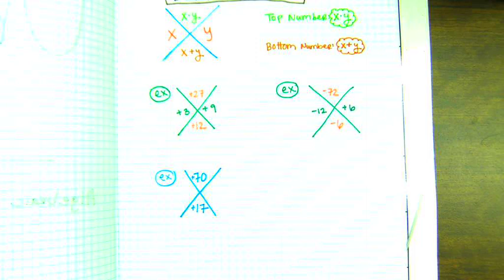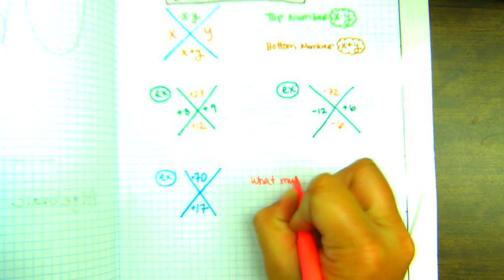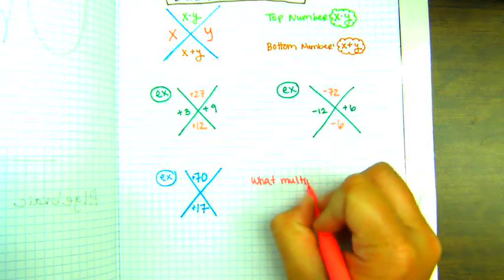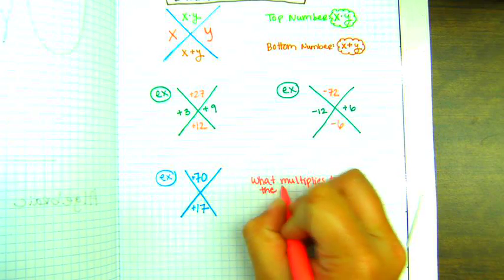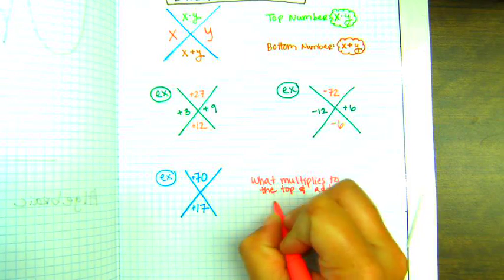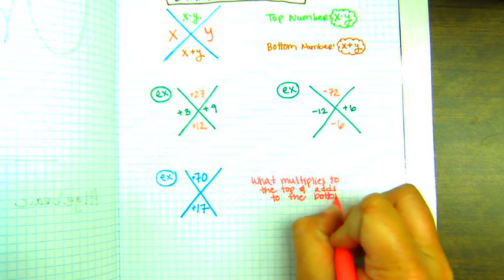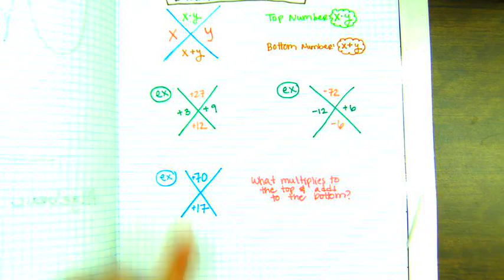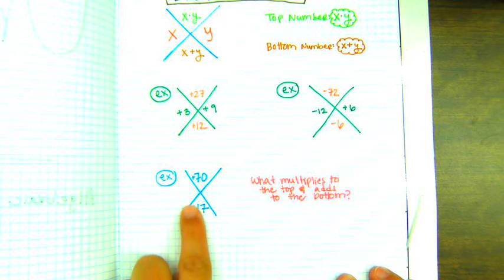Now, when you're given something like this, you need to ask yourself, what multiplies to the top number and adds to the bottom? So we're looking for two numbers that multiply to 70 and add to 17.